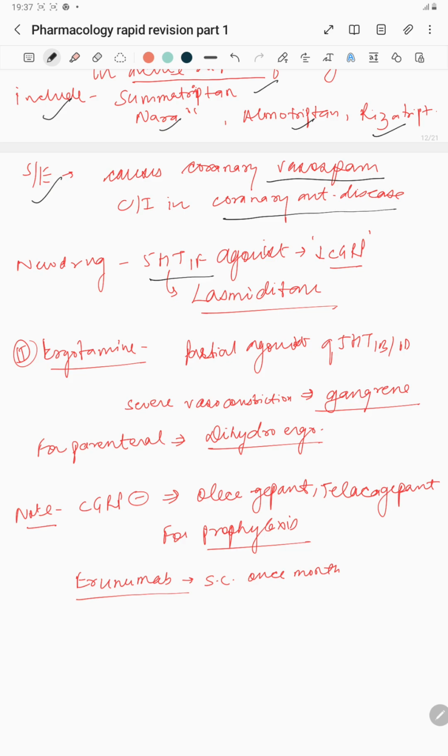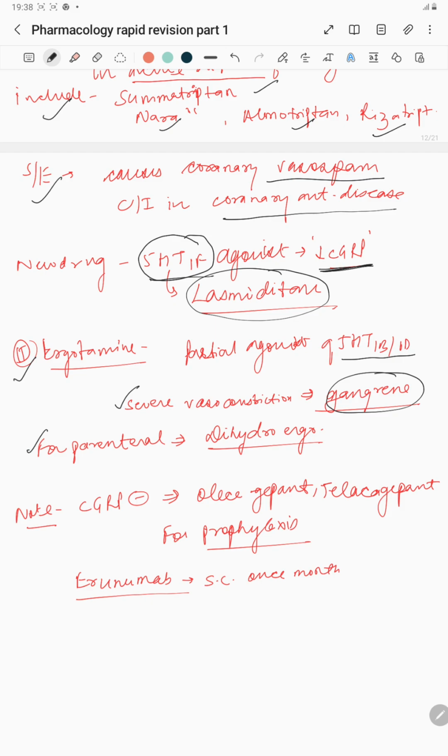The new drug now developed for migraine is a 5-HT1F receptor agonist, which decreases CGRP, that is lasmiditan. The next class of drugs for migraine is ergotamines, which are partial agonists at 5-HT1B/1D receptors. They cause severe vasoconstriction, so there is a very high risk of gangrene on long-term use of ergotamines.